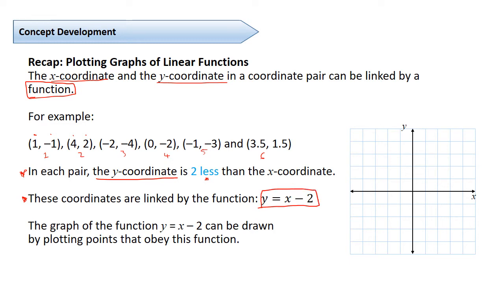So what we can do is we can plot this function. We can plot this linear function simply by plotting the points that obey this function. Specifically, these 6 points.